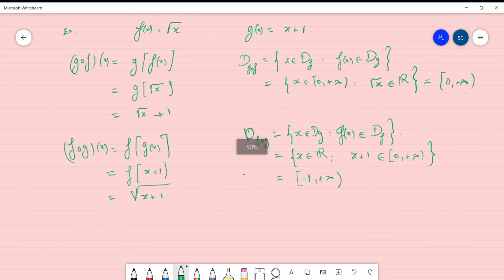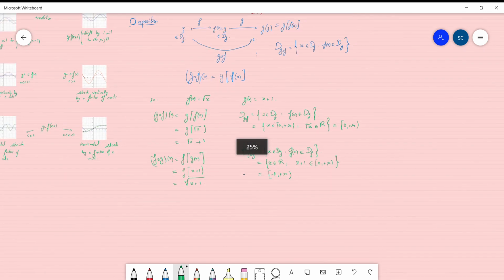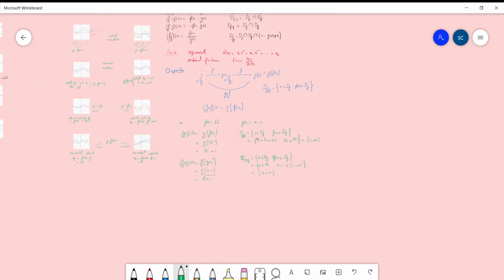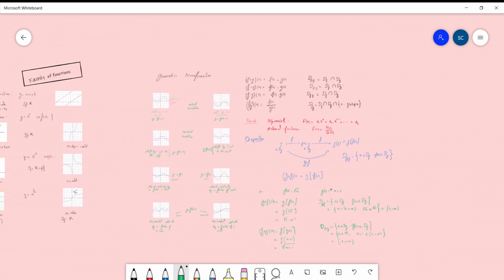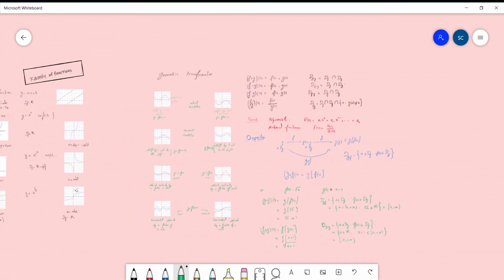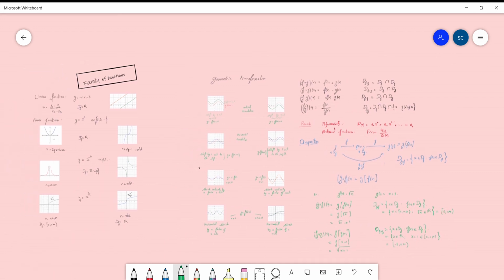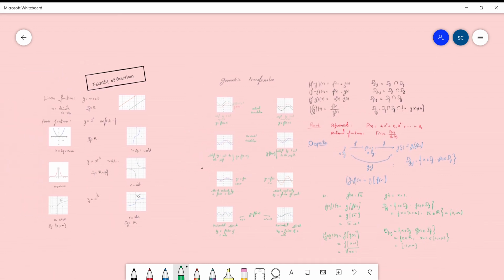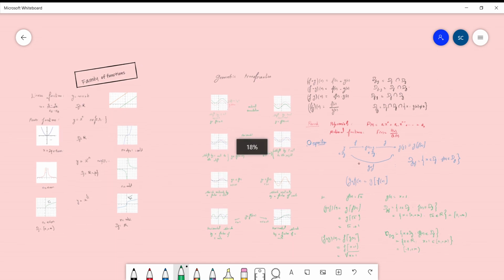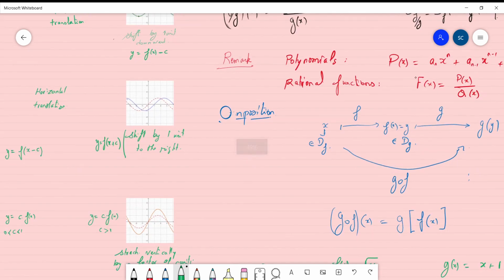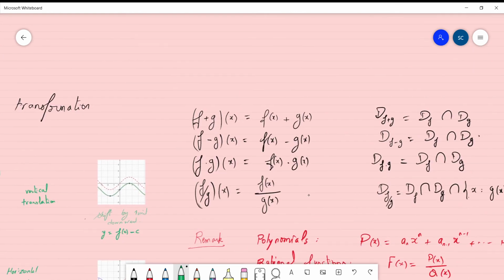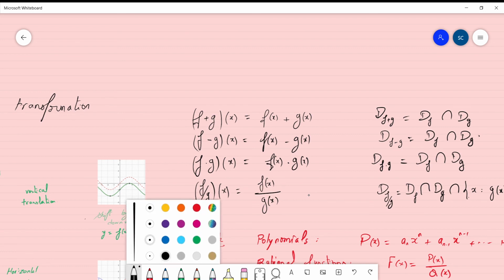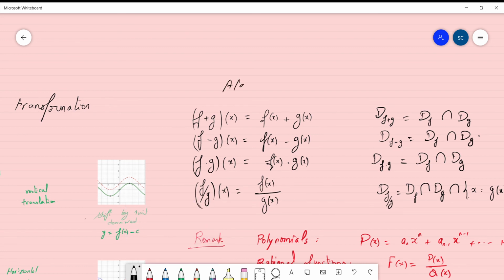This is another way to form new functions: basic functions combined with geometric transformations plus algebraic operations. So you said these were algebraic operations.